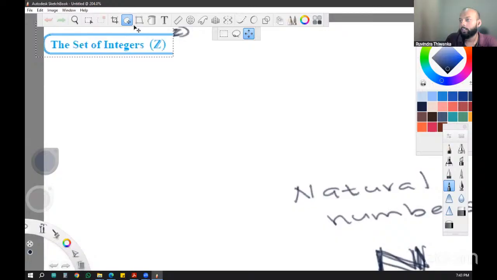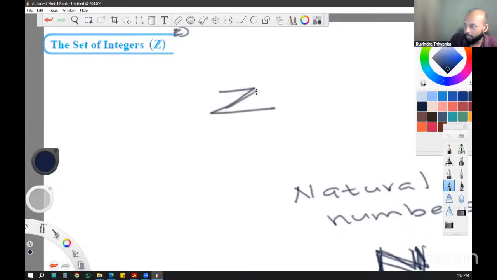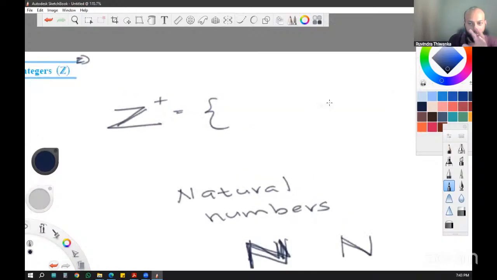So the set of integers has the symbol Z, and those are counting numbers including 0, negative numbers and positive numbers. If there's something like Z with a plus, that means that set, where these curly brackets show the set, contains only positive integers.